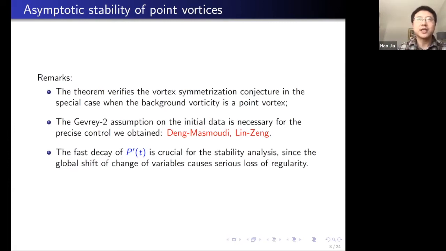This point is really the center of our coordinate system. But because this point moves, that induces a global change of coordinate. And this global change of coordinate is very serious and causes a serious loss of regularity. And that's only compensated because this guy stabilized extremely fast.